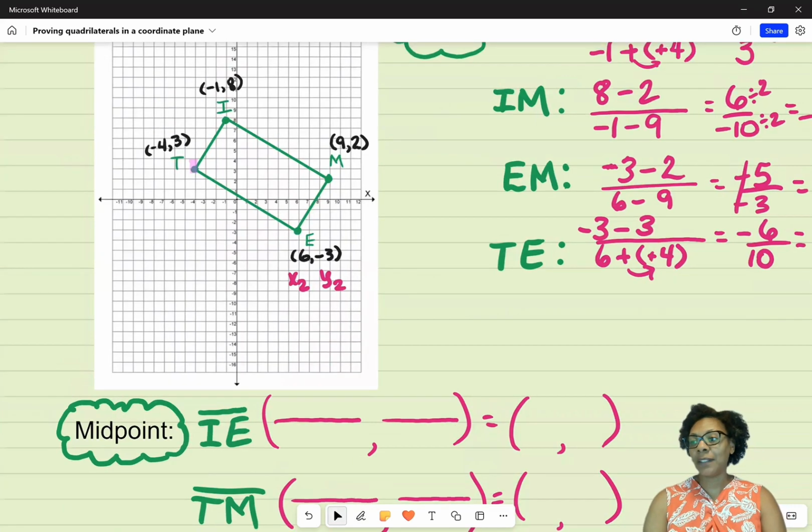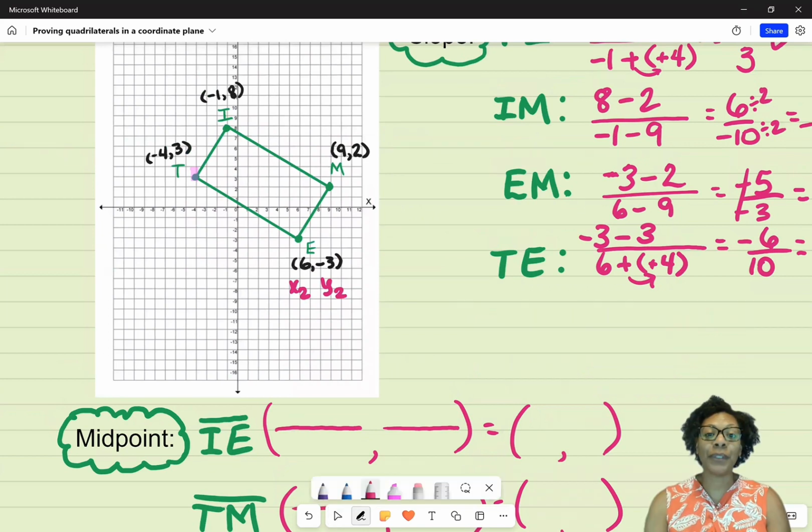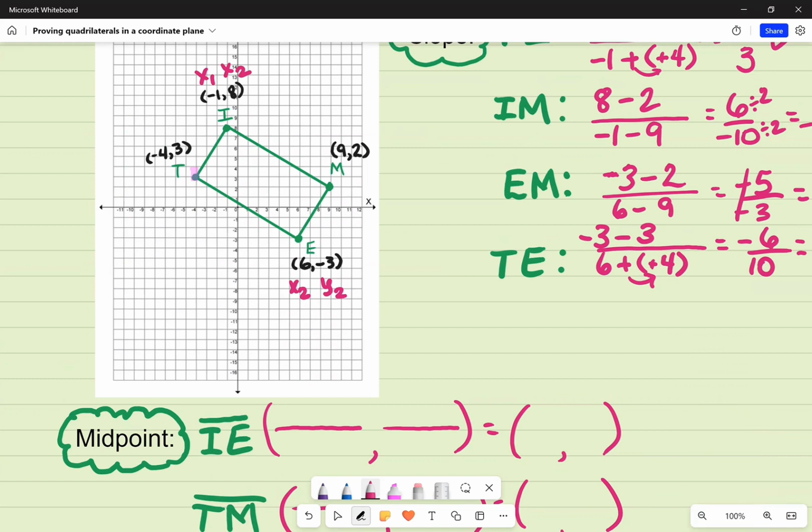So now we want to take a look at the midpoint. I'm going to use the midpoint to focus on my diagonals. So I'm going to look at segment IE and segment TE. If you recall, the formula for the midpoint is going to take the average of your x coordinates and your y coordinates.